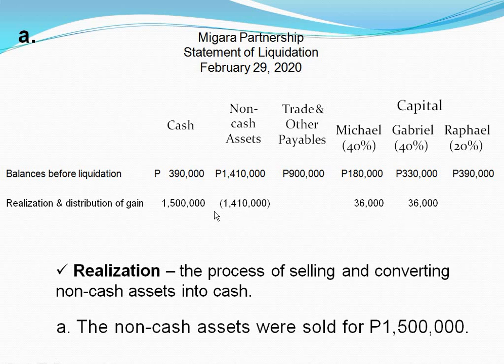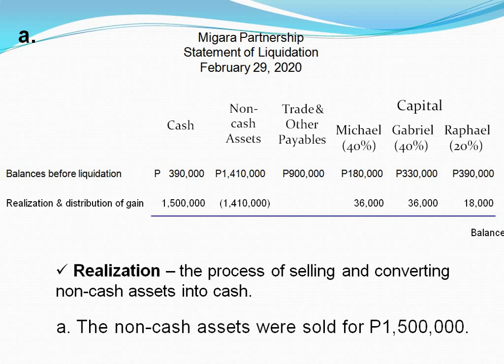And 90,000 times 20% equals 18,000 for Rafael. No open close parenthesis because the gain increased the capital balances of the partners.